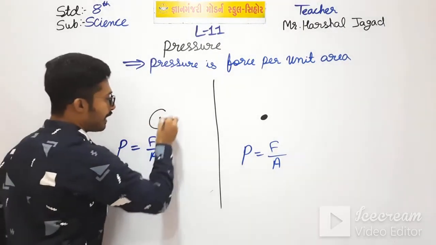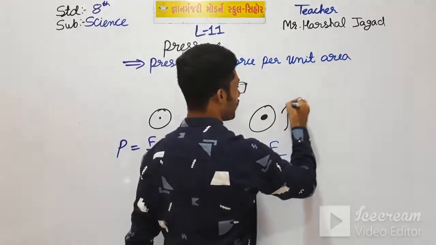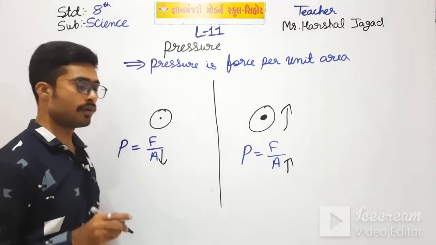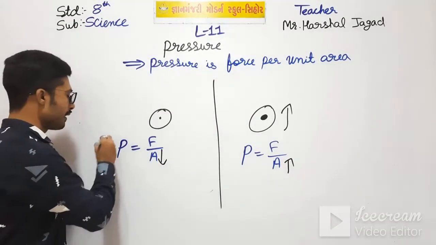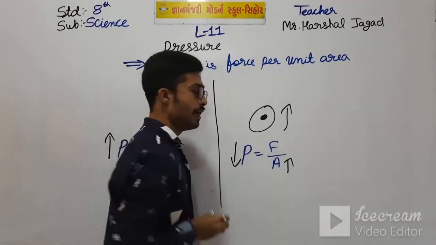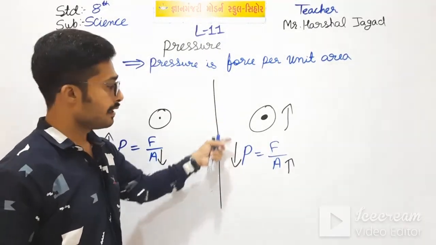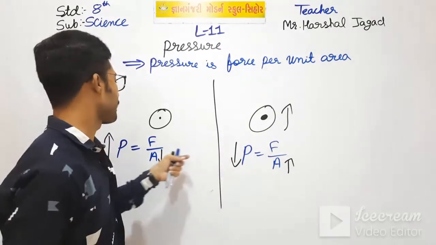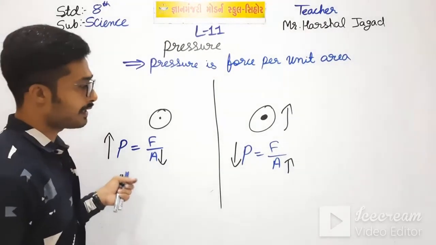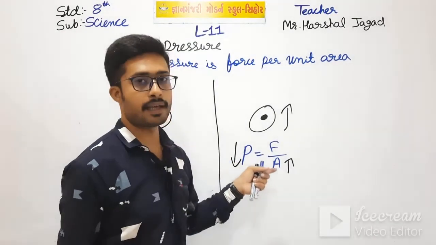Here the area is small, here the area is big. So as the denominator value is low, the pressure value will be high. As the denominator value is high, the pressure will be low. As the area increases, the pressure decreases. As the area decreases, pressure increases. So we can say that pressure is inversely proportional to the area.